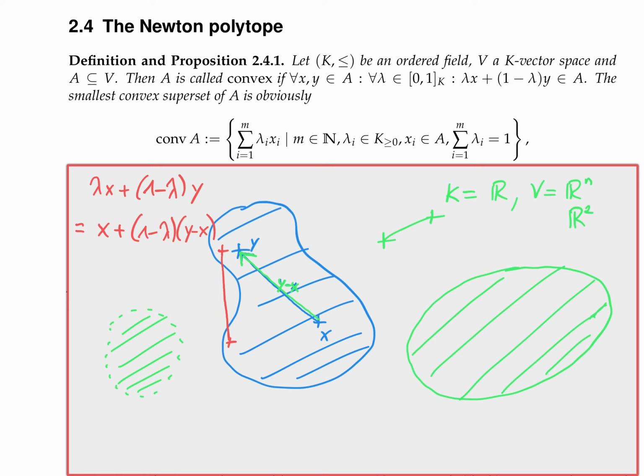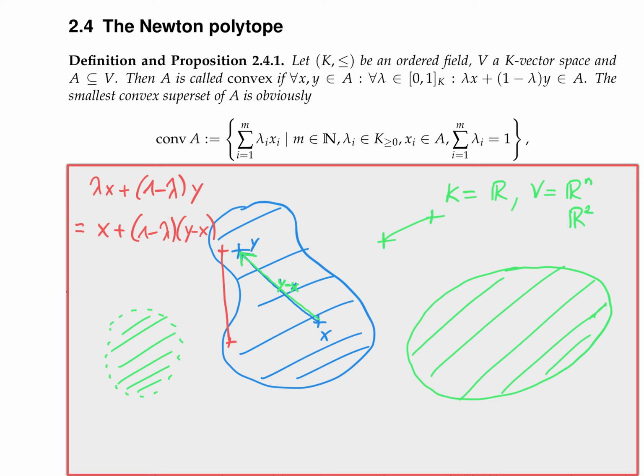You multiply it with a scalar between 0 and 1, so you get all these vectors whose base you can put at x, so that they point to something here in between. Okay, but that's very basic. I think you would all have been able to think about this without my explanations.